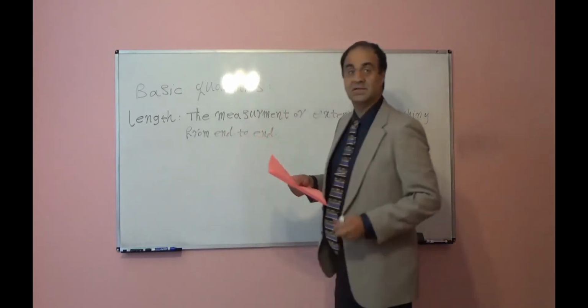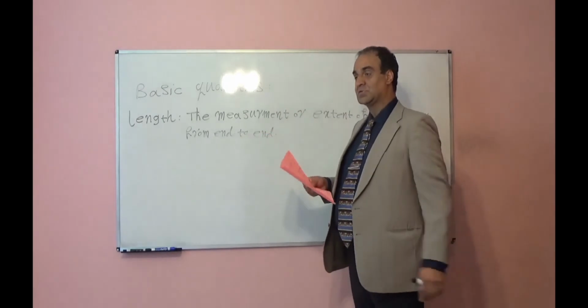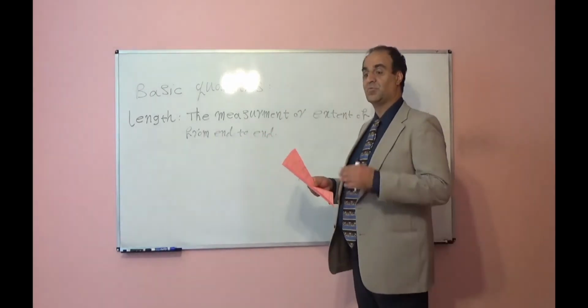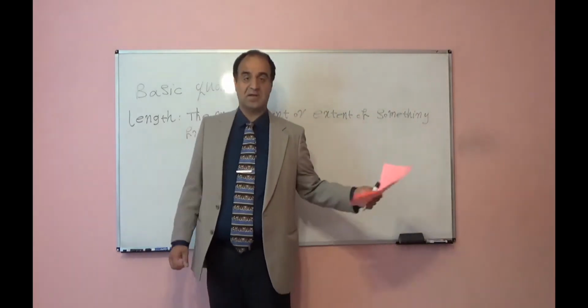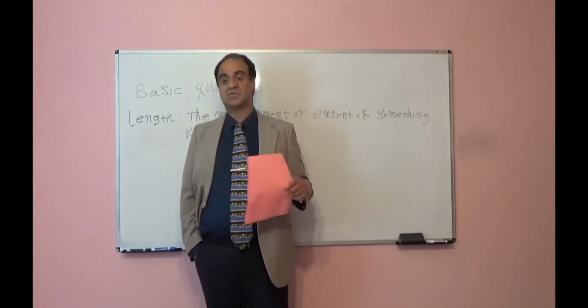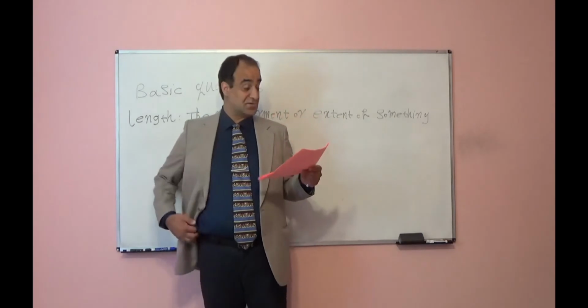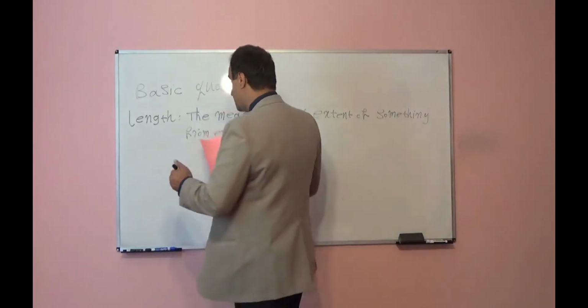We call it length. So it describes the position of one particle or object with respect to another point, the distance, or the size and dimension of one object.